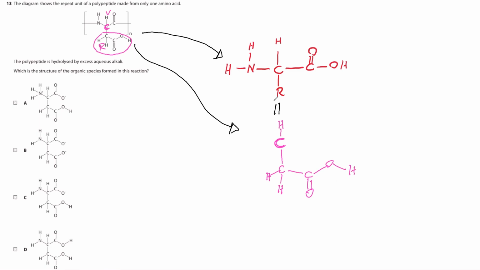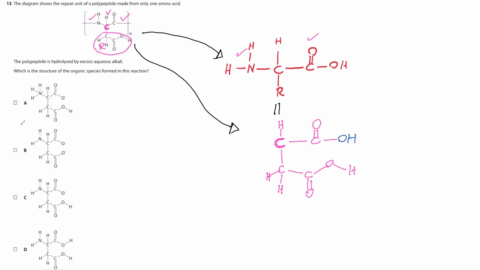Then they will bring the amino acid back. So this is the COOH part, and this is the NH2 part. Now in the polymer structure there's a carbon-oxygen double bond, and from the water molecule you can take the OH group, so you get COOH.